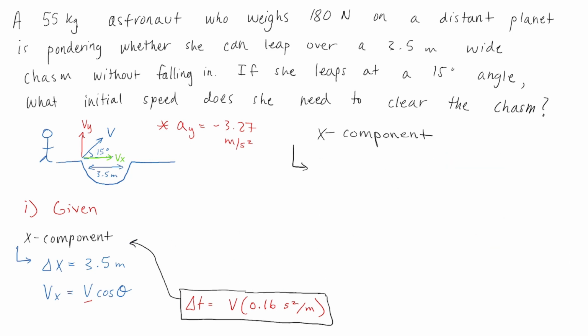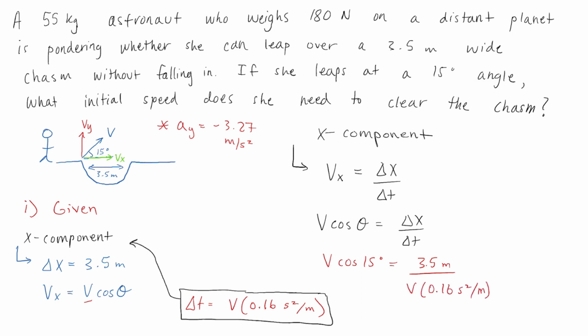So remember, the x component is uniform motion. So we can use the Vx is equal to delta x divided by delta t equation. I will replace Vx with v cos theta, and then I can plug in all my values, including the delta t we just solved for. And the next step is to rearrange this equation so that every term with the variable v is on the left-hand side.